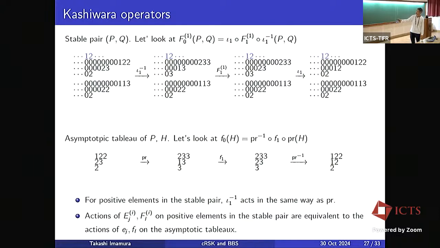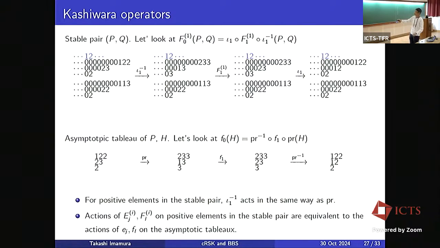of E0 and F0 acts in completely the same way as in the case of the small f and e for the HWT case. So for example, let's compare the two stable pairs like this.